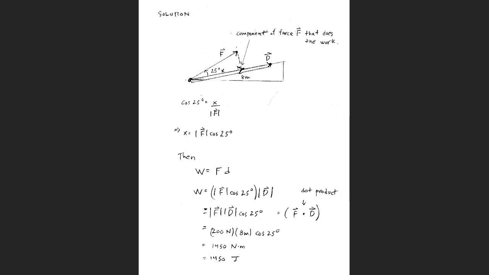Okay, so here is my ramp. And the crate is here. I just have a dot for the crate, but that's my crate right here. And I'm moving it up the ramp. And to pull the crate, I'm applying a force at an angle of 25 degrees to the ramp.